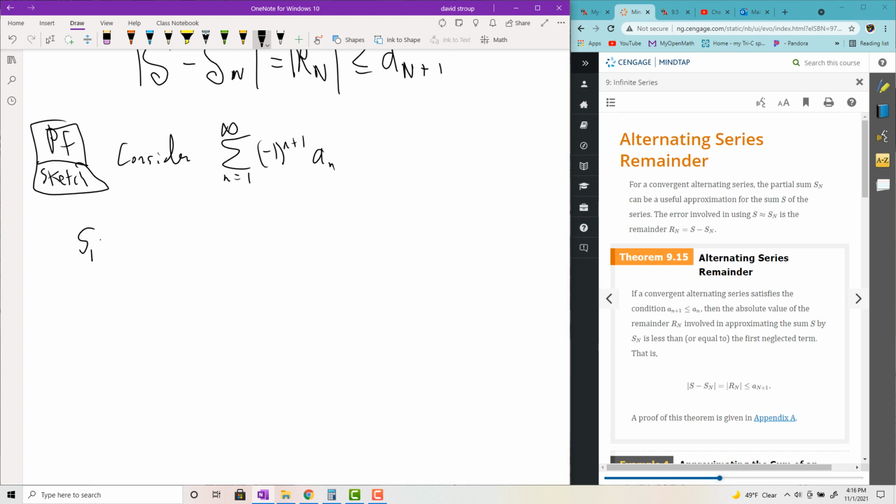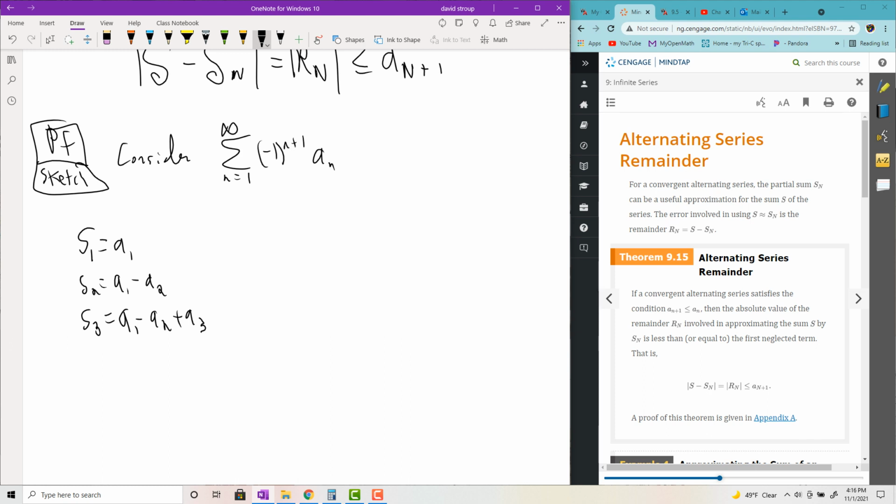So s sub 1 would be a sub 1, s sub 2 would be a sub 1 minus a sub 2, and not only so this thing is convergent, right? So basically the terms are decreasing. S sub 3 is a sub 1 minus a sub 2 plus a sub 3.